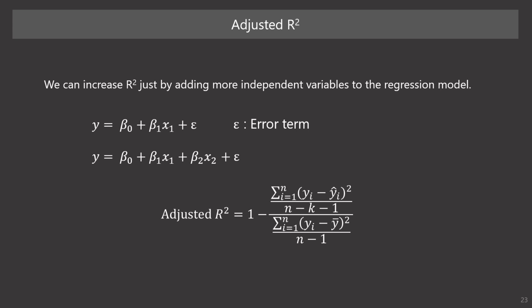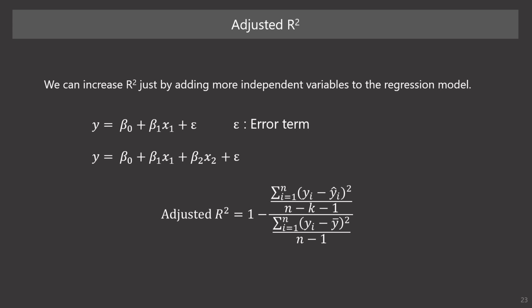To address this problem, we can use the adjusted R-squared instead of the simple R-squared. The formula is complex and mathematical details are beyond the scope of this course. In the formula, small n represents the sample size, and k is the number of independent variables.